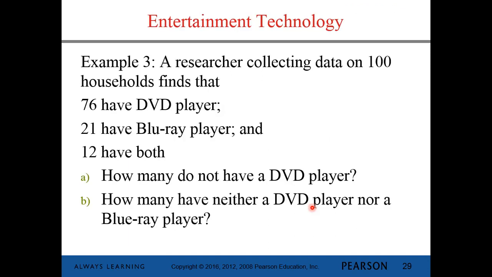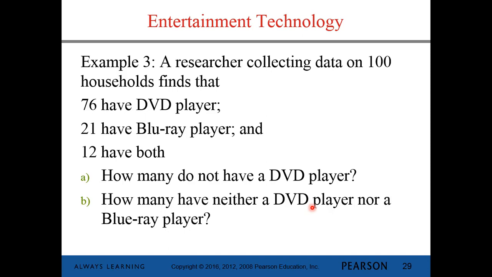Now let's start putting some of this stuff together. So it says example 3. Now we're going to have some numbers. A researcher collected data on 100 households and finds that 76 have a DVD player. 21 have a Blu-ray player. 12 have both. So A, how many do not have a DVD player?